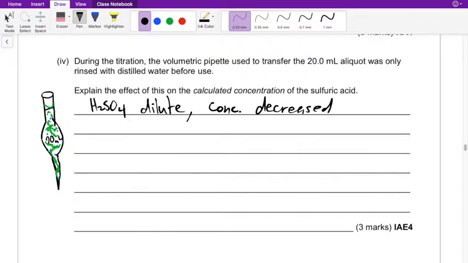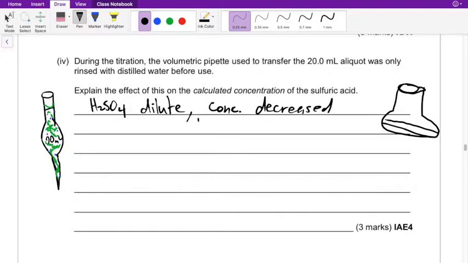Therefore, if the concentration is decreased, in the conical flask that we're titrating into, there's going to be fewer moles of H2SO4 in there because of the lower concentration, which means there's going to be a lesser titre value.